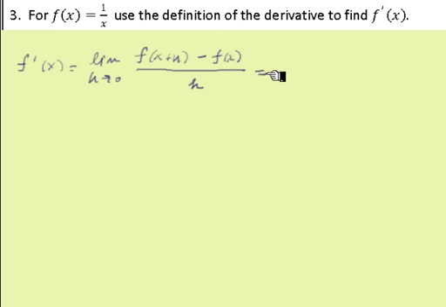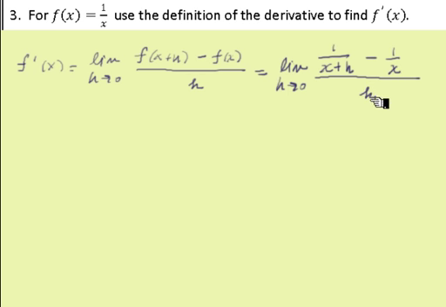Alright, so let's fill in f of x plus h, substituting in x plus h right here, minus f of x, 1 over x.